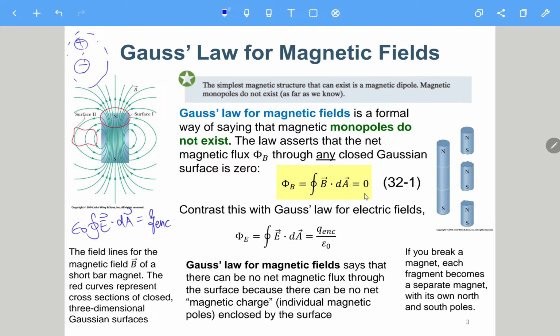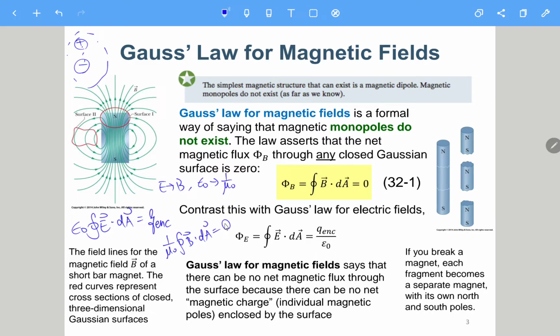Okay, and as I mentioned before, there is a correspondence between the equation for the E field and the equation for the B field. So we need to change E to B, and change epsilon naught to 1 over mu naught. So it should be 1 over mu naught times the integral of B dot dA equals 0.